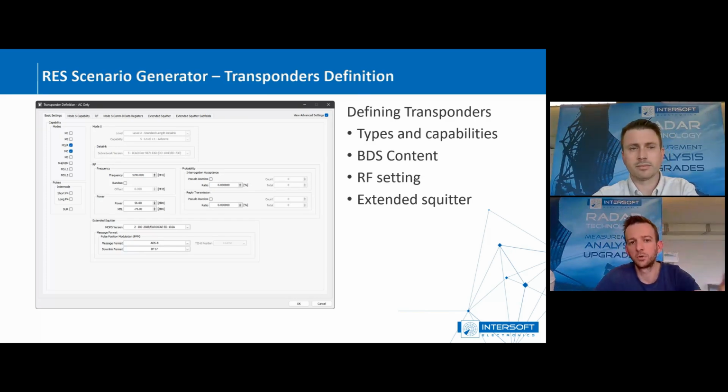And here you can switch between basic and advanced views to make sure that you're not getting lost in the whole bunch of transponder settings that are applicable for secondary radar operational behavior. It was a huge work to gather all these settings and parameters into a nice streamlined view. So that's what you can see here.